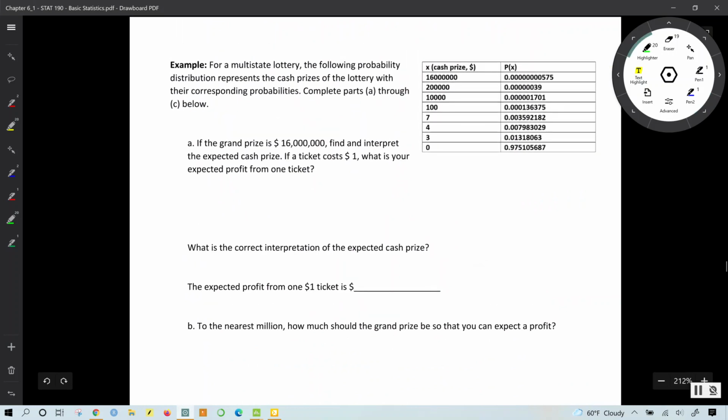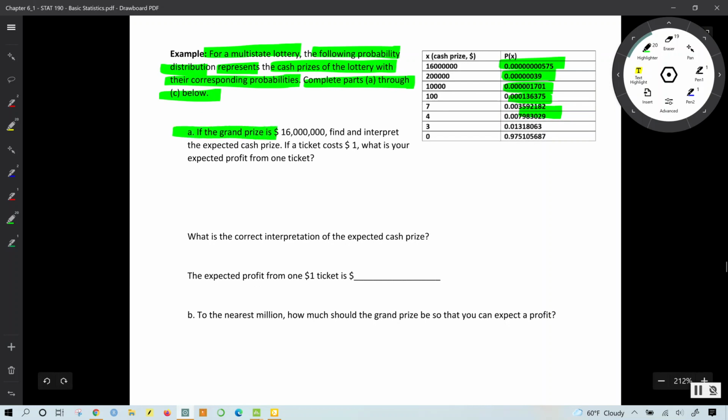This question says that for a multi-state lottery, the following probability distribution represents the cash prizes of the lottery with their corresponding probabilities. So we're to complete parts A through C below. If the grand prize is $16 million, find and interpret the expected cash prize.